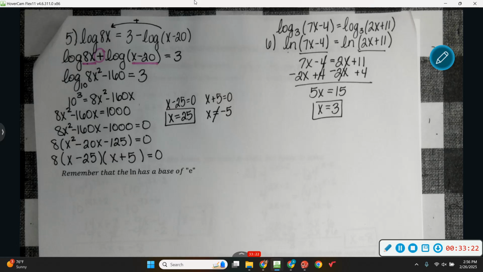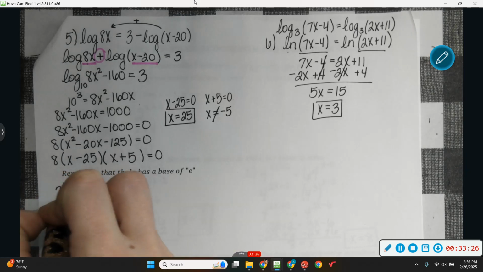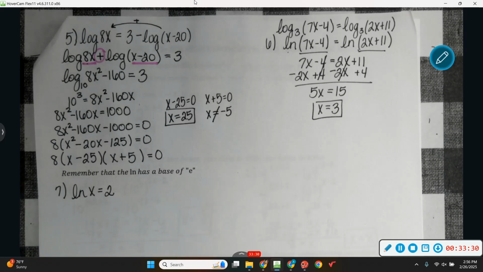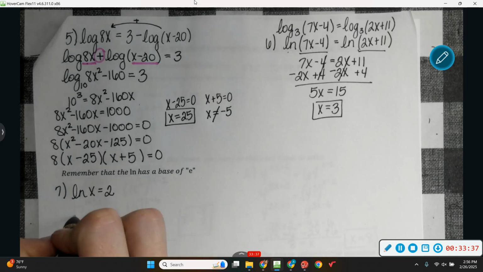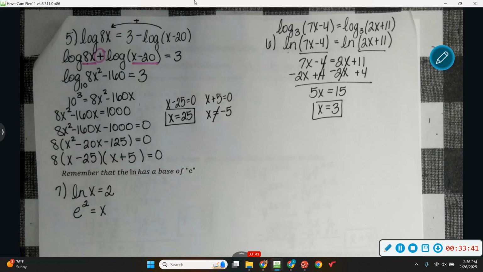Okay? And so our next example, let's say example 7, is if we have natural log of x equal 2. And this is just reminding you that if you start with a natural log, you have a base of e. So when I go to rewrite this, my base is an e, so e squared equals x. So again, if I start with logarithmic, I rewrite it in exponential.